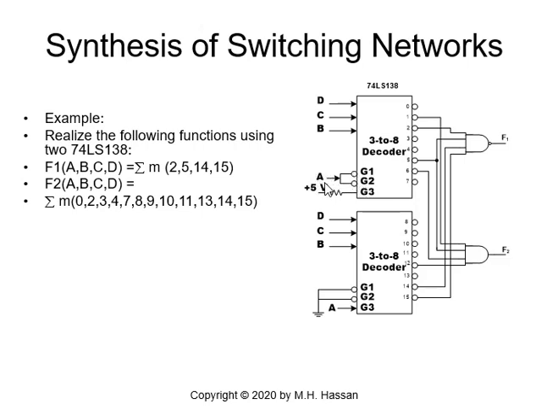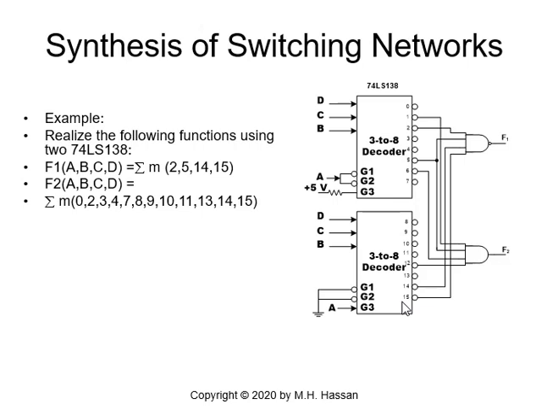So when A is 0, you will activate the upper 3 to 8 decoder. When A is 1, you will enable the lower 3 to 8 decoder. By this, you will generate all the minterms from M0 prime to M7 prime and M8 prime to M15 prime.